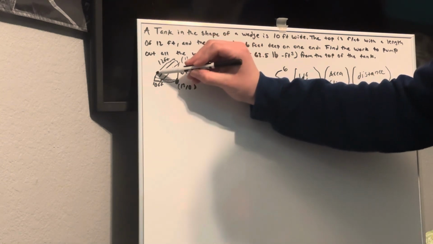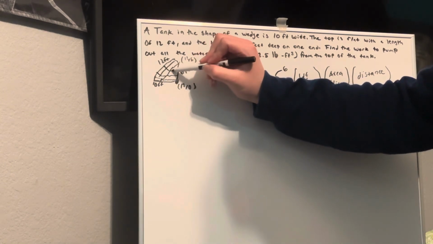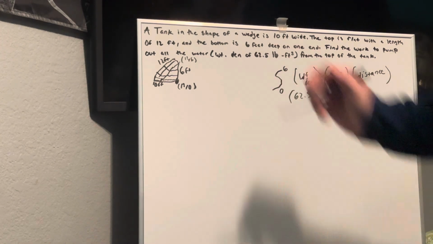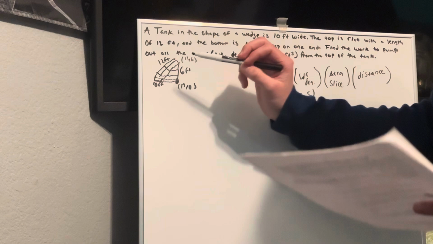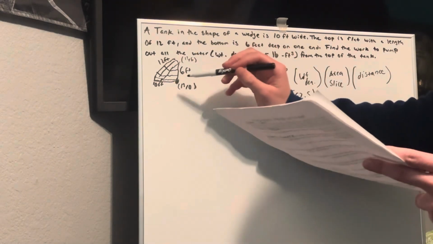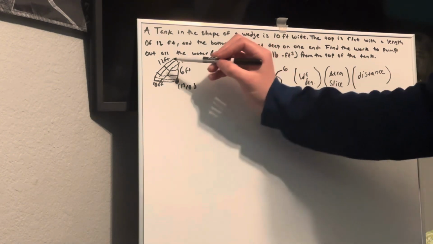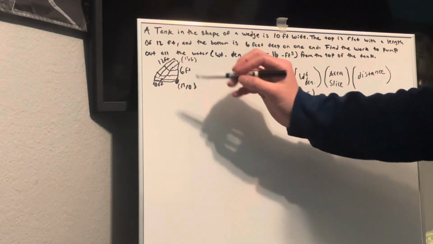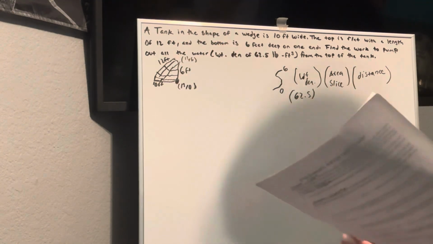Now for the area slice. We are trying to find out what is all of these area slices. Well, you can set a relationship here. It's going to basically decrease in depth from 6 feet to 0 feet over a length of 12 feet. Decreasing, we can create a linear relationship.